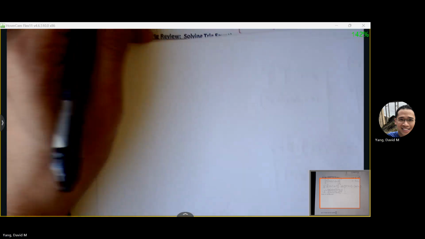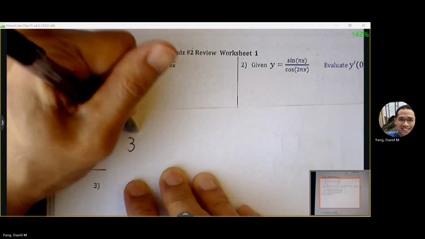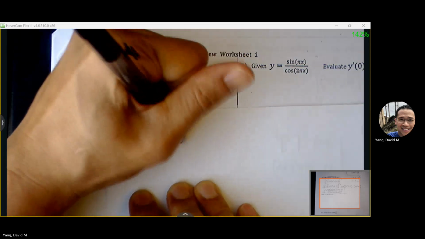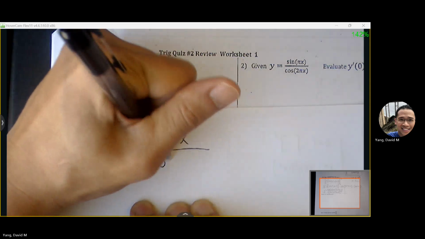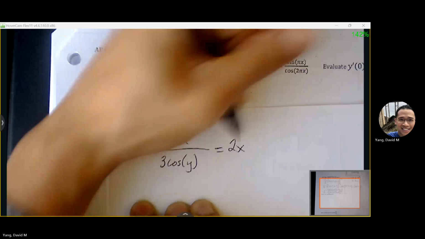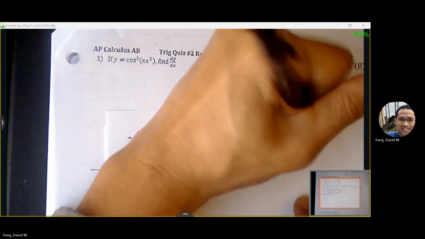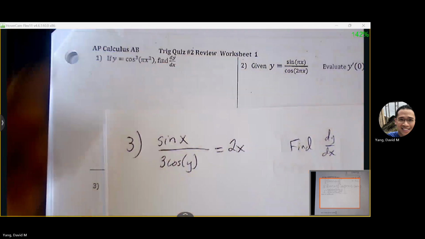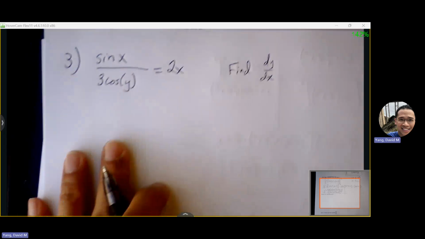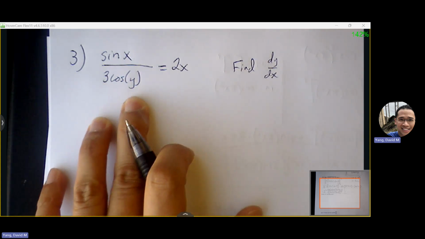Okay, number 3. Okay, number 3, what process do you see to find the derivative?